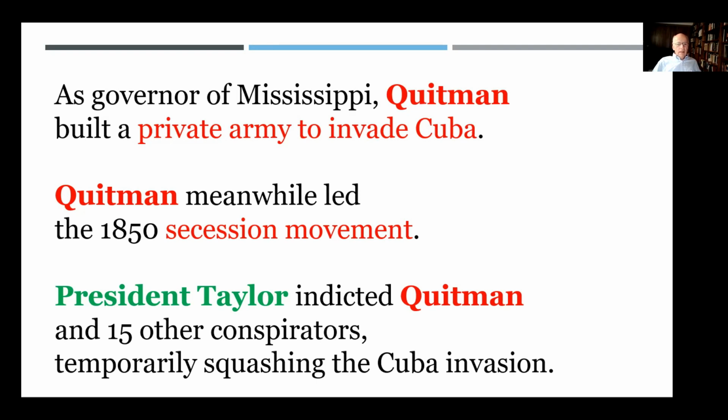President Taylor had him indicted along with 15 other people on charges of violating the neutrality laws. And at a certain point, he was arrested and he had to resign as governor. Next slide.